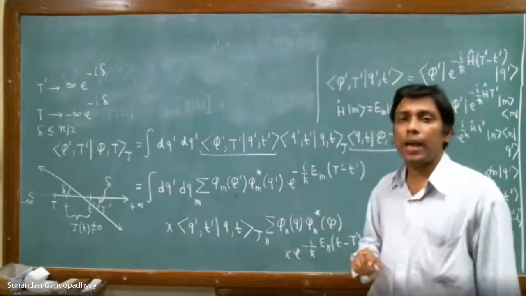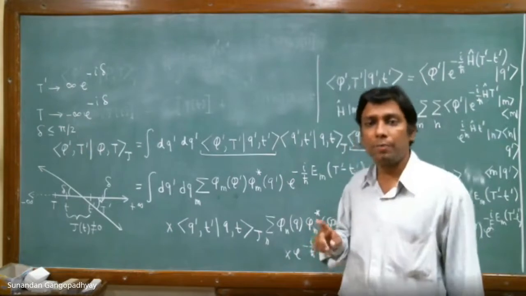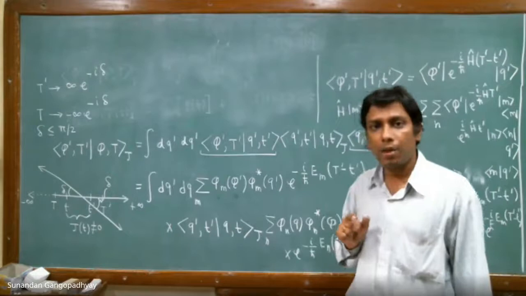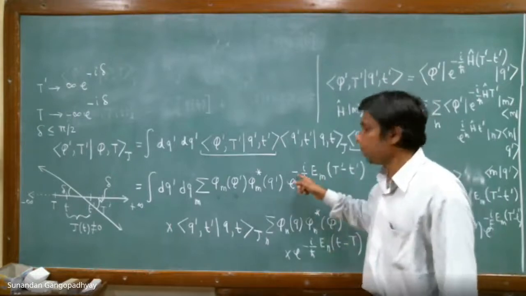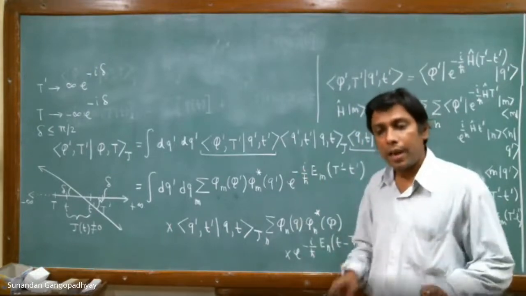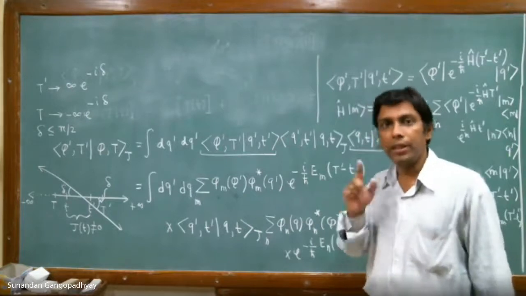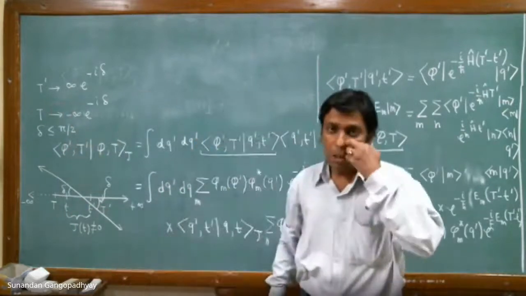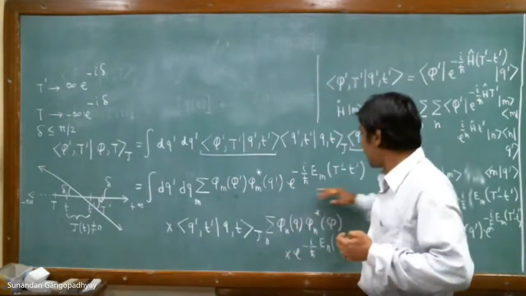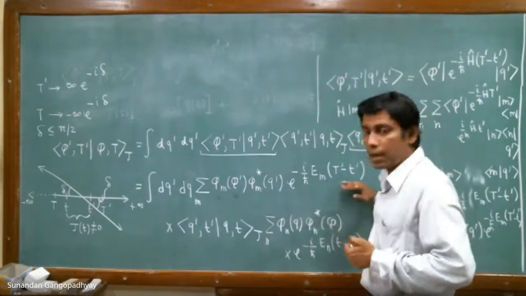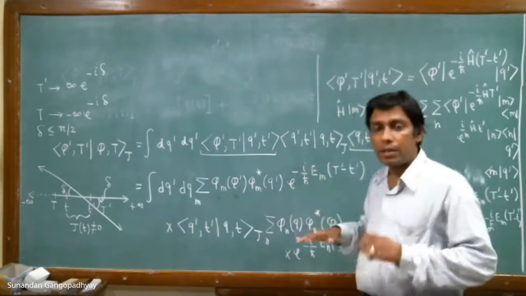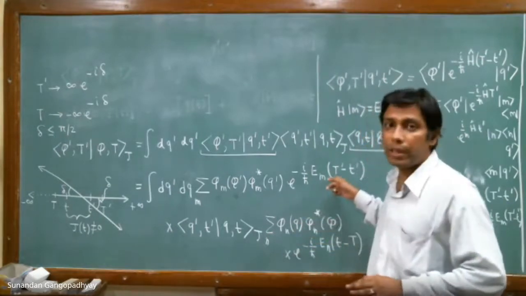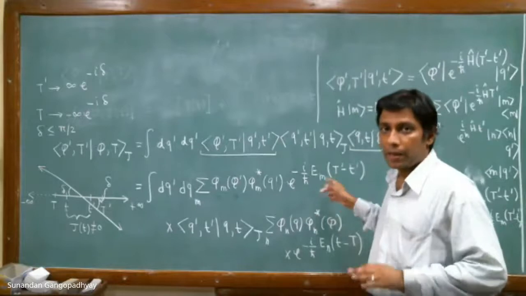I can expand it as cos delta minus i sin delta. So look at the sin delta term. You have a minus i in front, and this minus i, so that gives you a minus, and therefore you have a minus infinity, because t prime is very large. So what does that mean? This phase term, this oscillatory term is now damped, it is suppressed due to the limit that we have taken here.